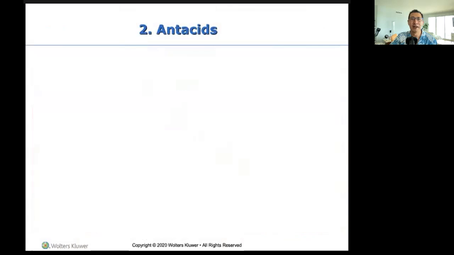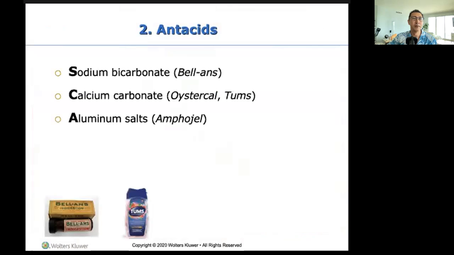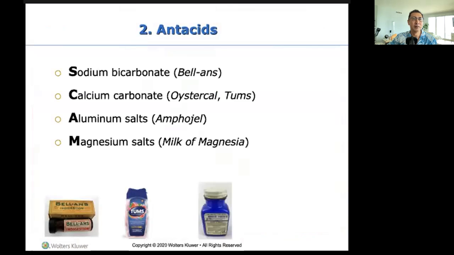Let's see if you can figure it out. Sodium bicarb, calcium carbonate, Tums, aluminum salts, and magnesium salts, or milk of mag. I wrote it up here on a side note. Milk of mag is also used as a laxative. You might see that on a PRN listing of your patient next time you're in the hospital.